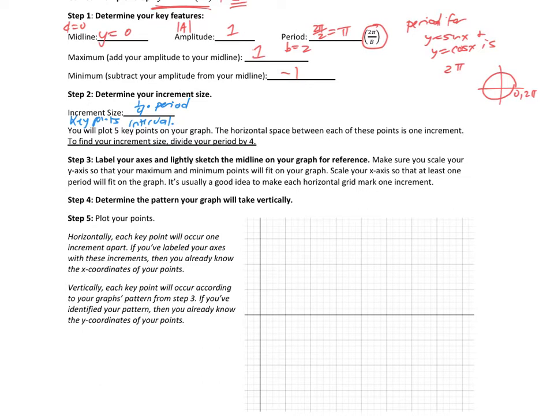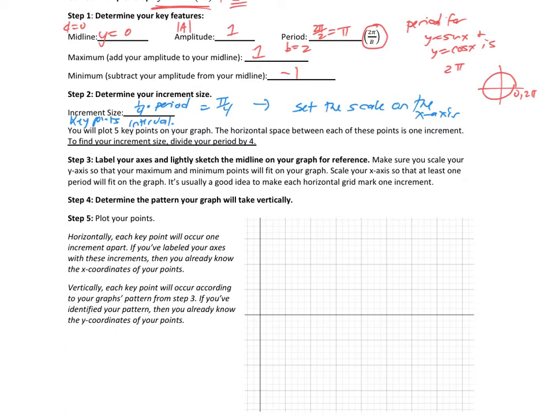For this particular graph, we found that the period is pi, so we're going to have key points every pi over 4. This is going to be important when we set the scale on the x-axis. If we use this increment for our scale, it's going to be really easy to graph sine and cosine functions that have horizontal dilations.